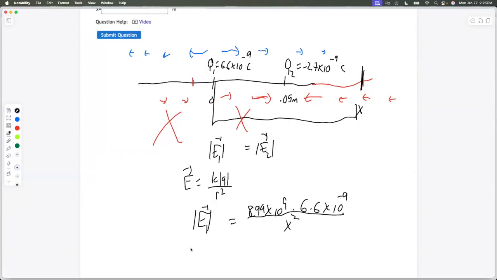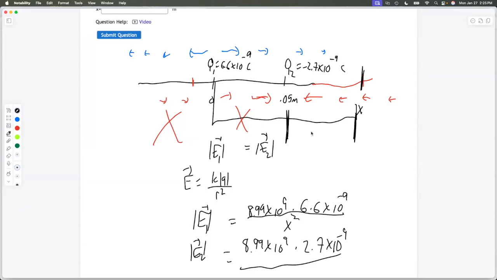Then E2, the electric field from charge 2 at that location, will be K, 8.99 times 10 to the ninth. The charge, remember in Coulomb's law, we always use positives. This is magnitude. So times 2.7 times 10 to the negative ninth divided by this distance squared.